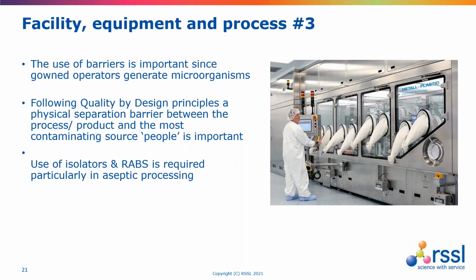So where we can instigate isolators or rapid access barrier systems, RABs, particularly for aseptic processing, then that is of great importance. But even elsewhere in the facility, the more things we can enclose within clean vessels and pipeworks, then the better things are.